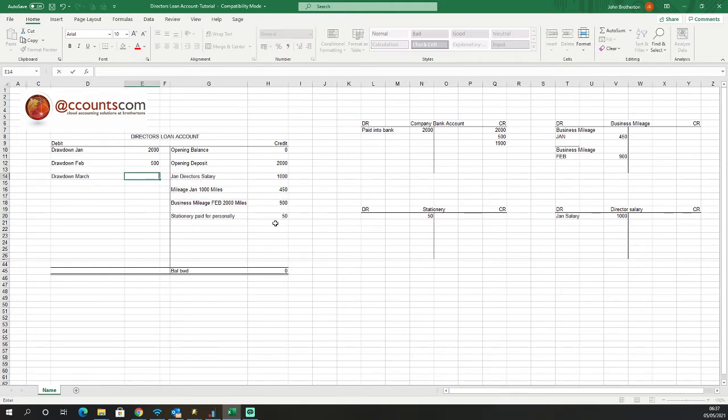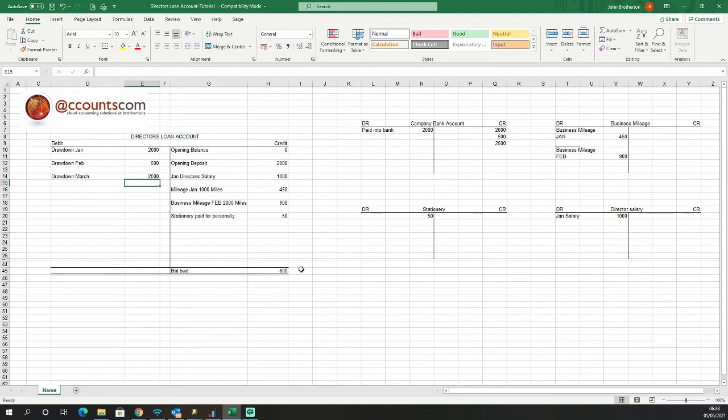Now you may have a scenario, and this is where the terminology overdrawn loan account comes in. So in March we may have transacted all these transactions through the director's loan account, and then we suddenly say, oh, actually I'm going to take £2,500 out of the bank, we debit our loan account. We've now got a debit figure.